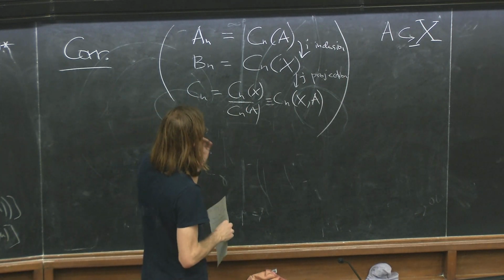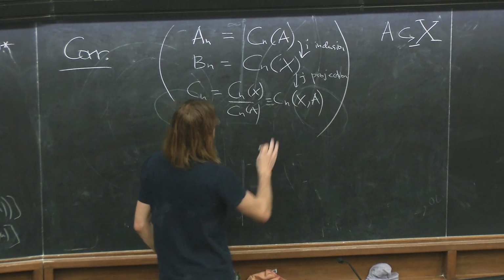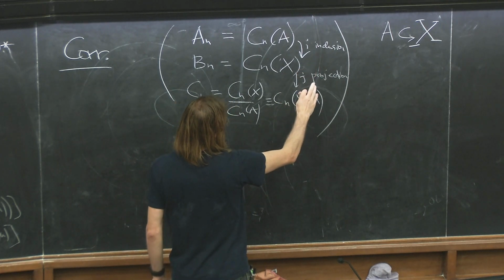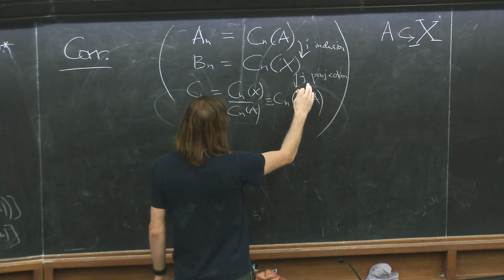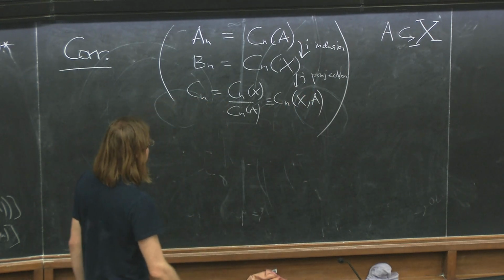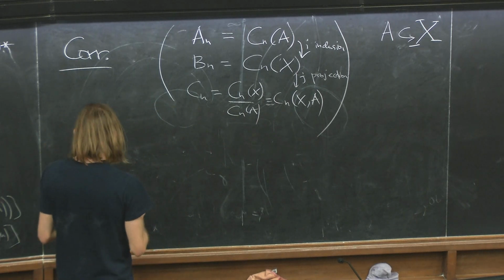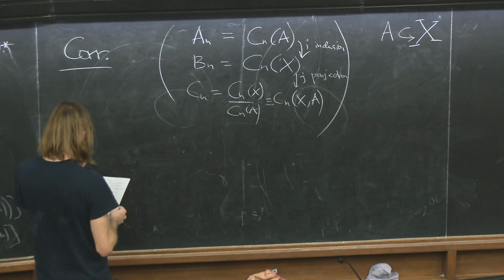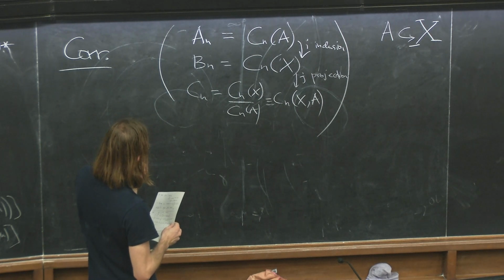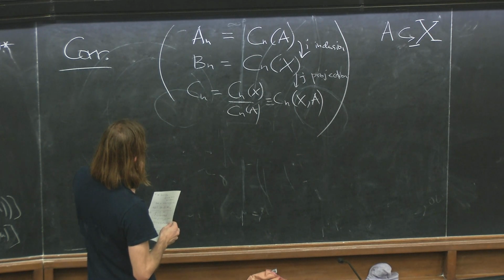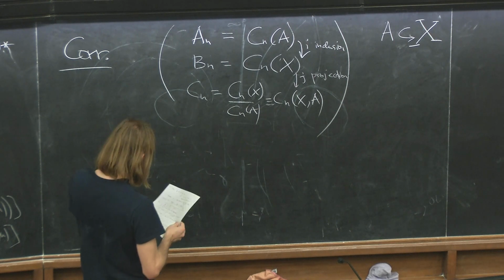And so we know that indeed I is injective, J is surjective, and the kernel of J is exactly the image of I. So this indeed provides us an example of a short exact sequence of chain complexes.